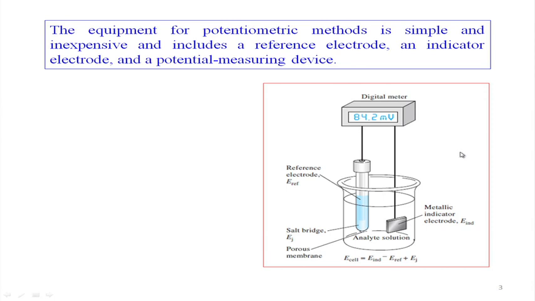So, if we talk in terms of measuring the potential in millivolt values in the pH meter and the corresponding proton concentration to which the electrode is exposed, the proton concentration moves through this porous membrane. So, we can detect the change in the proton concentration by measuring the potential, the E cell.